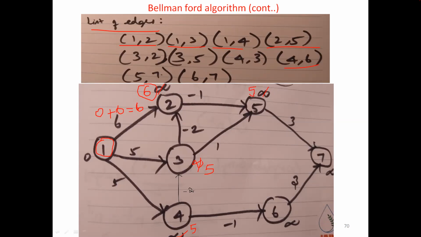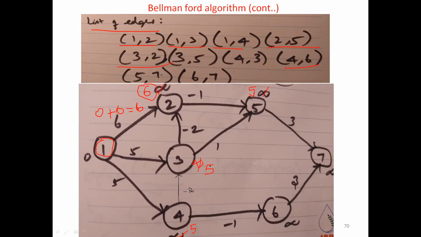Fine. Next, I am removing 3 comma 2. Where is this one? This path. The distance of 3 is 5. How does this 5 come? We are considering that we reach all other vertices from vertex 1. When I say 3 comma 2, it means that to reach 3 from vertex 0, it is 5.